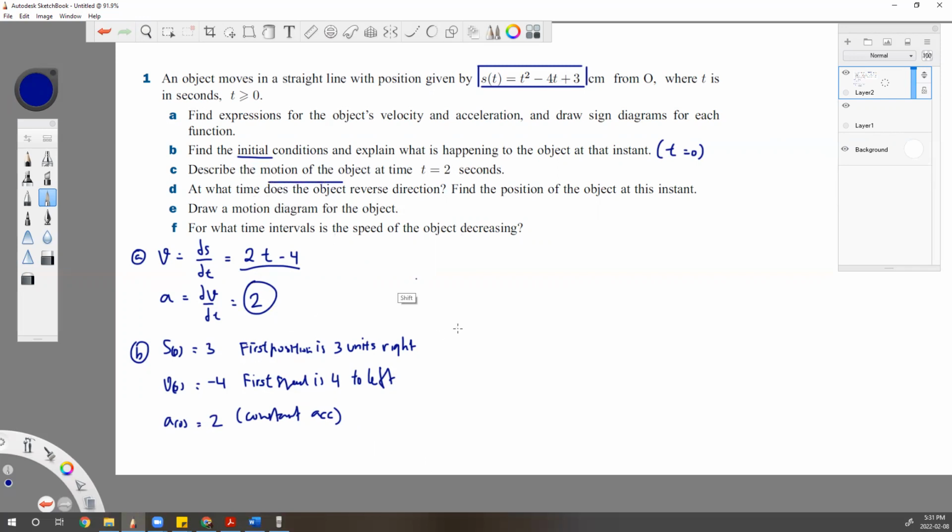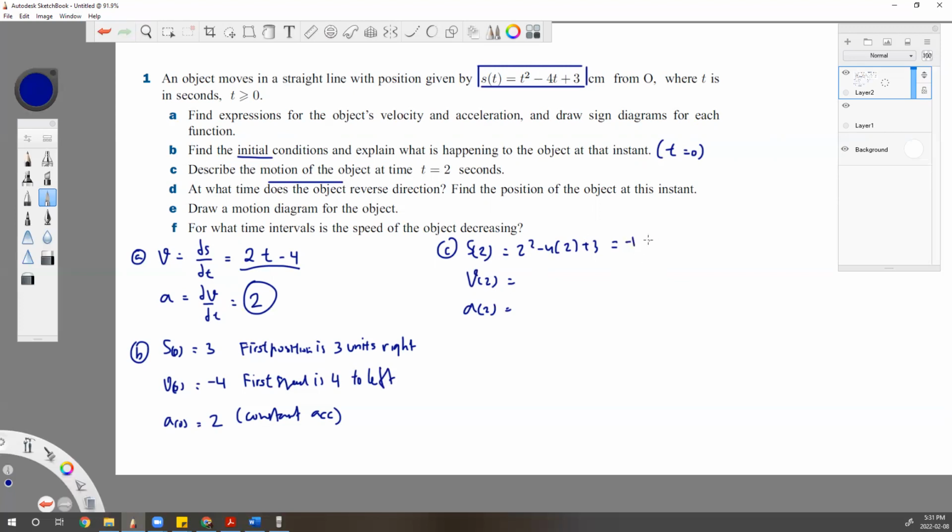Motion means you have to find s2, at what position, v2, at what speed, and a2, at what acceleration. s2: insert 2 squared minus 4 times 2 plus 3, 4 minus 8 is negative 4, plus 3, negative 1.